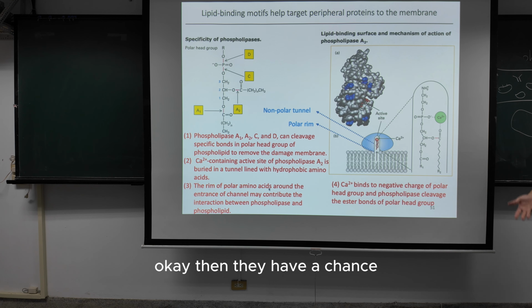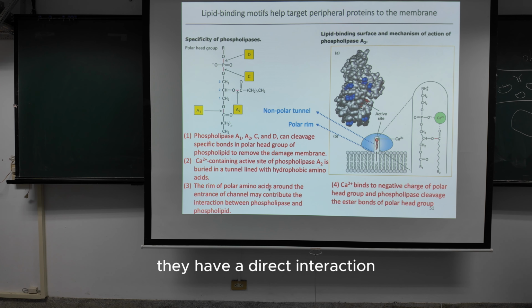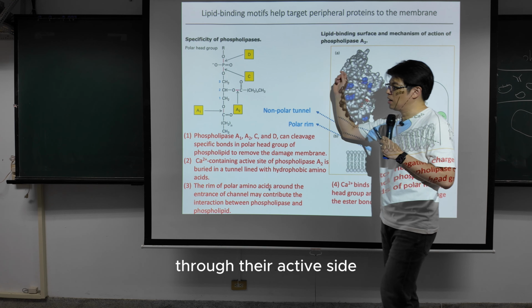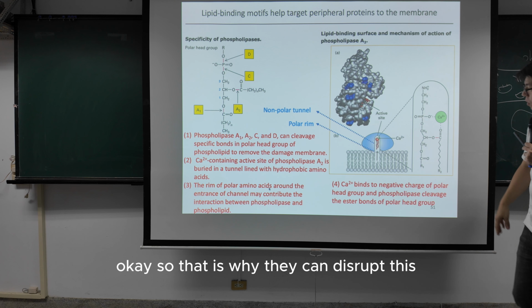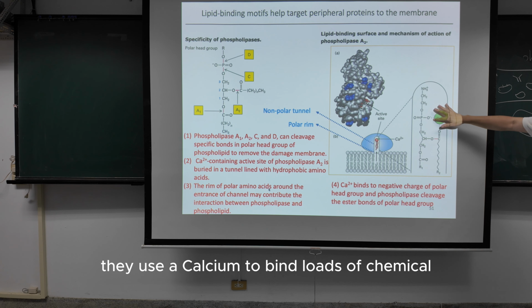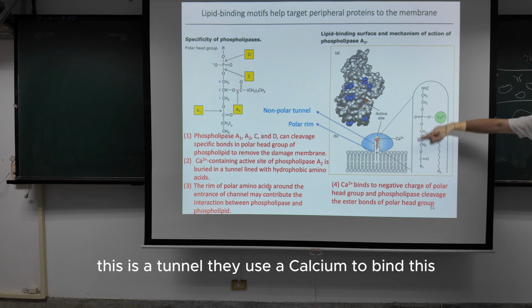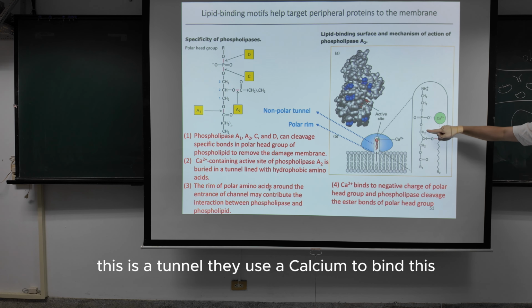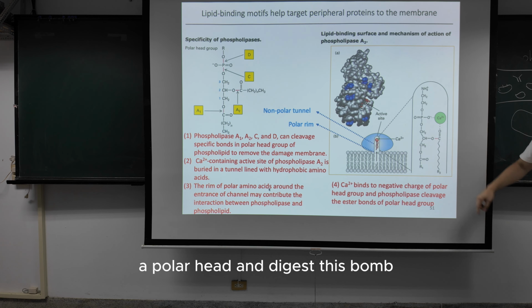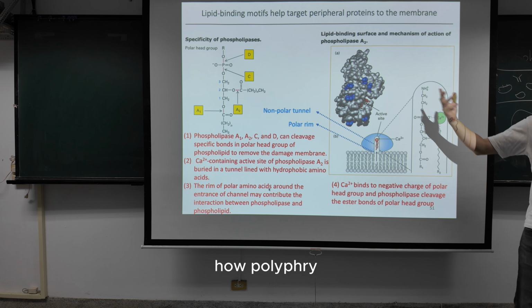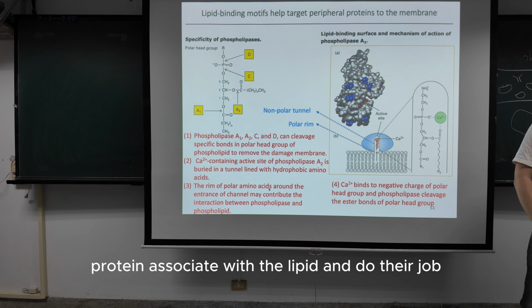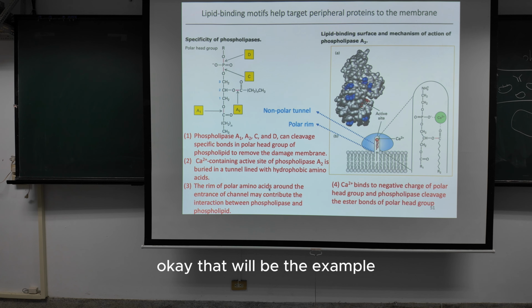Then they have a direct interaction through their active site, catalytic site, to disrupt this bond. They use calcium to bind this polar head and digest this bond, okay? So this is the way phospholipase associates with the lipid and does its job. That would be the example.